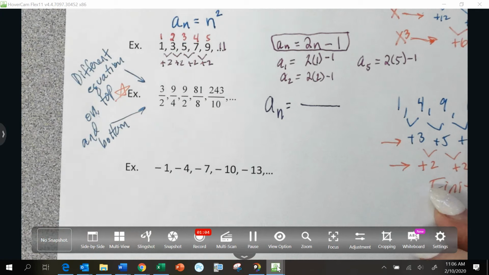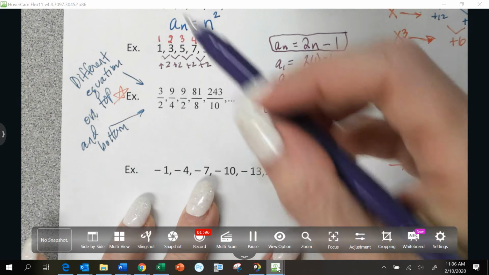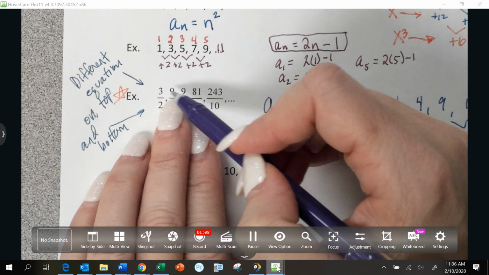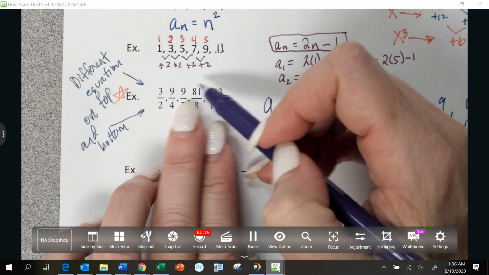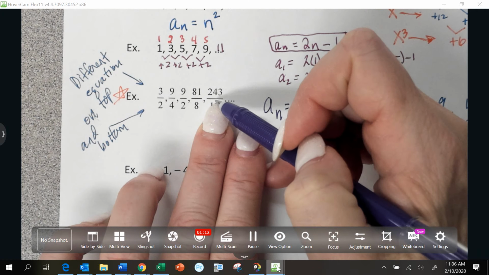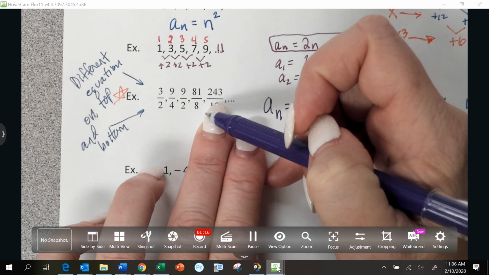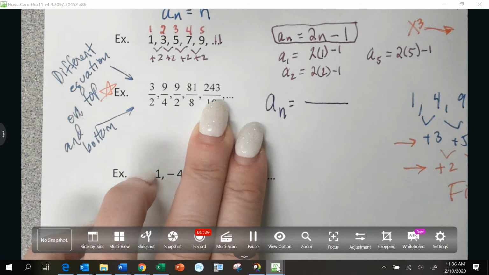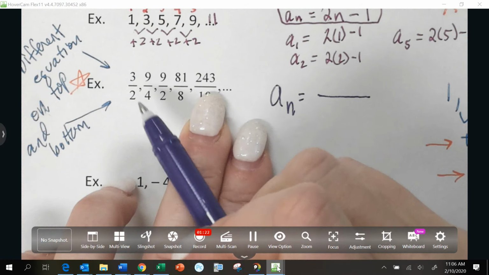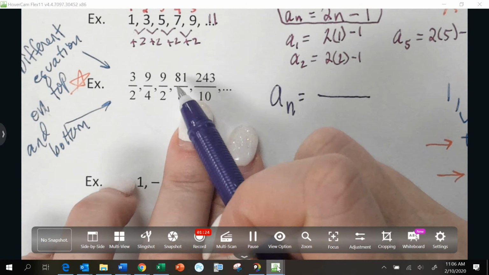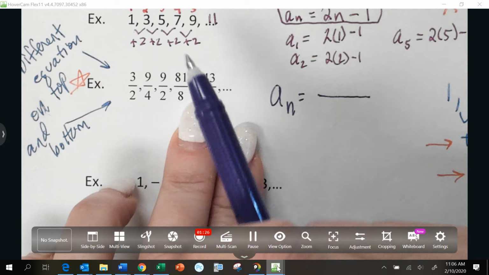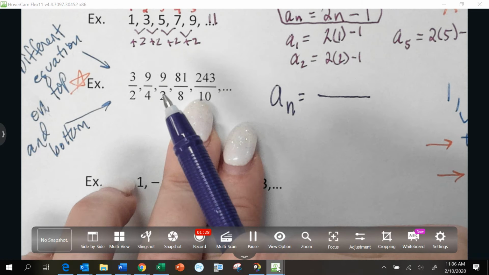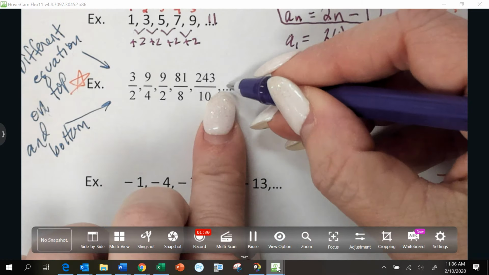So let's look at the top. We've got 3, 9, 9, 81, 243. Do you see a pattern? Could you tell me the next number on top?